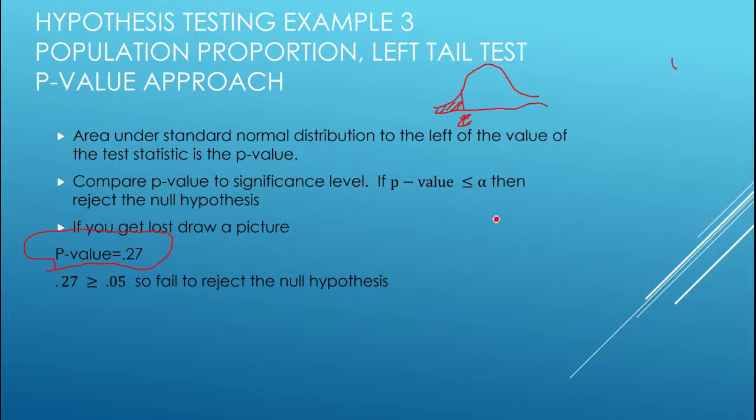So the area to the left of the value of our test statistic was equal to 0.27. 0.27 is greater than 0.05, so by our rule we fail to reject the null hypothesis. There doesn't seem to be enough evidence against the school district if we're only willing to accept a 5% probability of making a type 1 error.